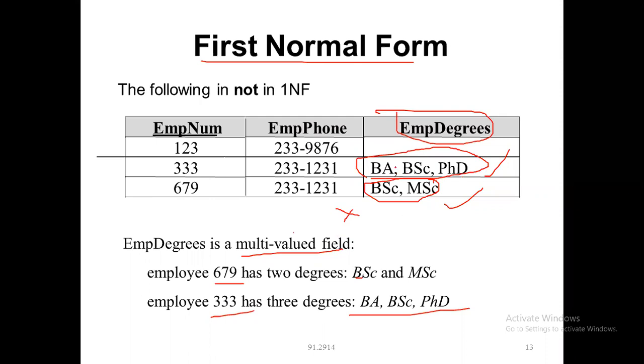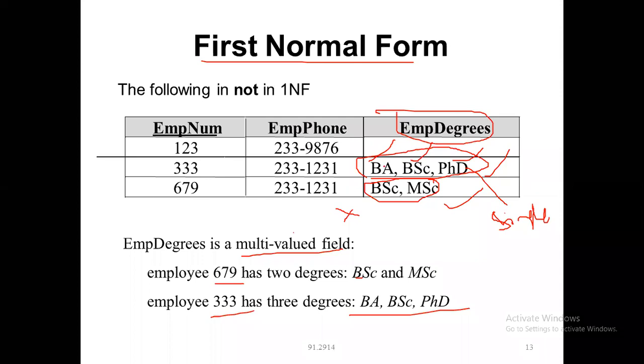Why should you not store like this? Because this entire thing will be treated as a single value. But we know that it's not a single value. BA is a separate degree, BS is a separate degree, PhD is a separate degree for us. When stored in the database, it will be treated as an entire single value, but that is wrong.